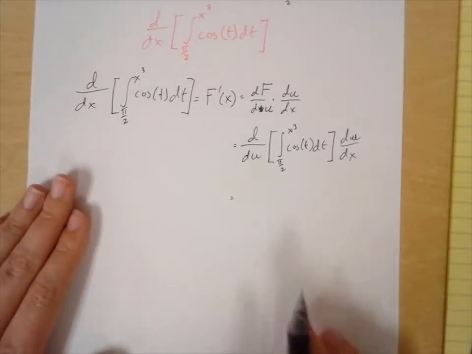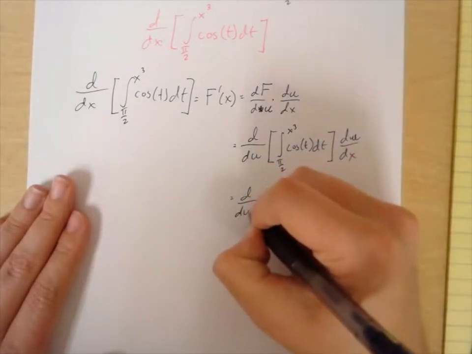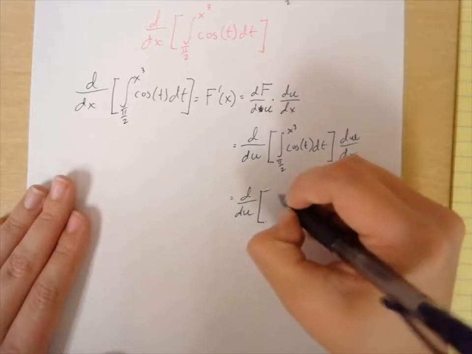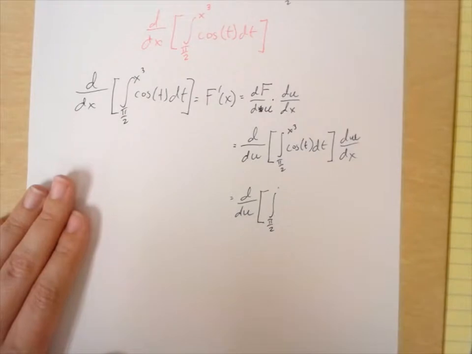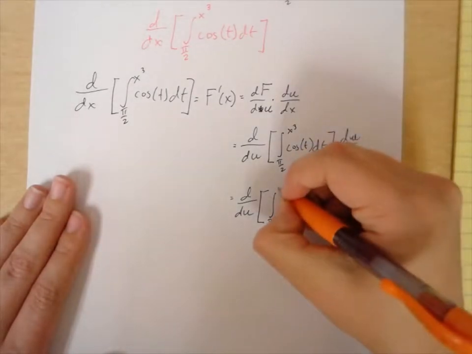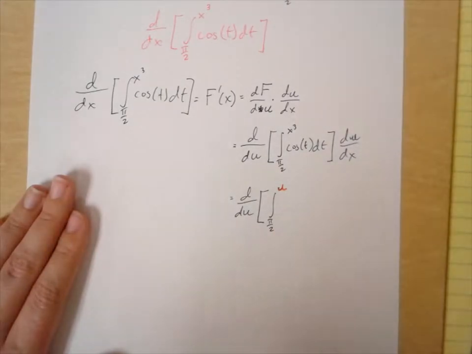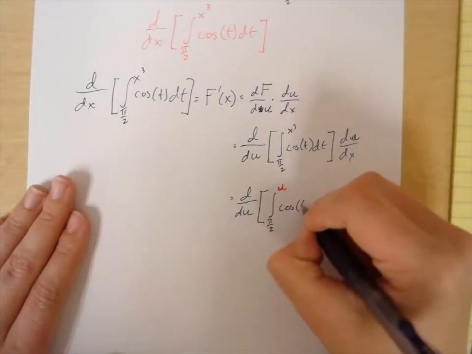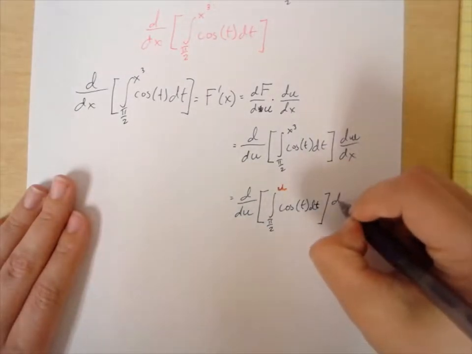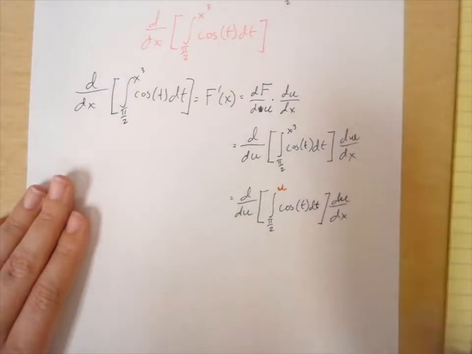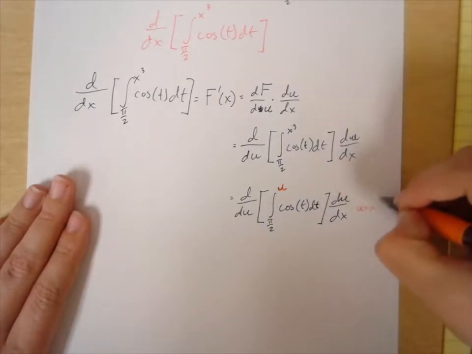That's what we have to apply the chain rule to. So we're going to say d du, and we're going to call this integral from pi over 2 to u. I'm going to highlight that in different colors so you see what we're changing here. We're not calling it x cubed anymore. We're calling it u. And we still have cosine t dt. And we still have times du dx. And again, remember, u is that x cubed.